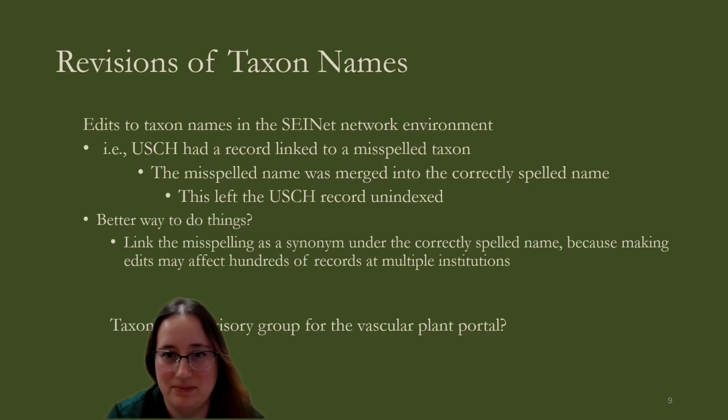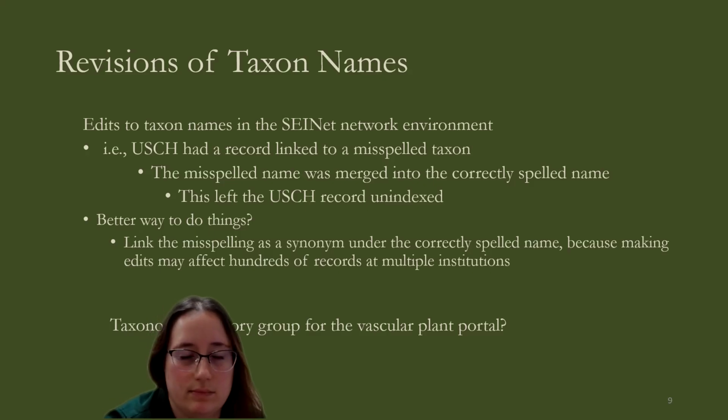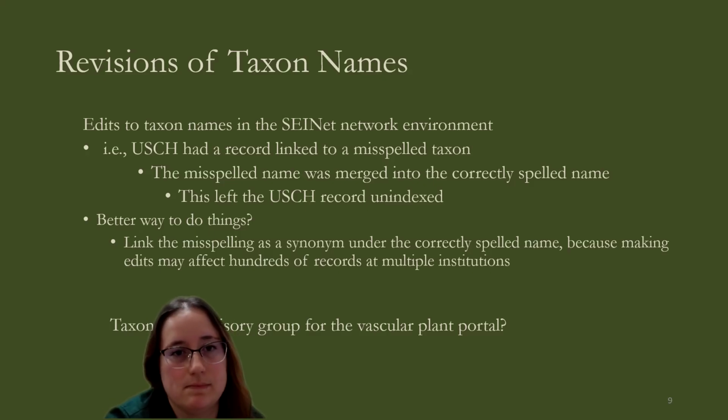I also work really closely with the Symbiota team, and the only point I wanted to make about synonymy and the taxonomy table is that people often want the taxonomy table of your Symbiota portal to reflect the taxonomy of a flora. That is not philosophically what that table was designed to do.